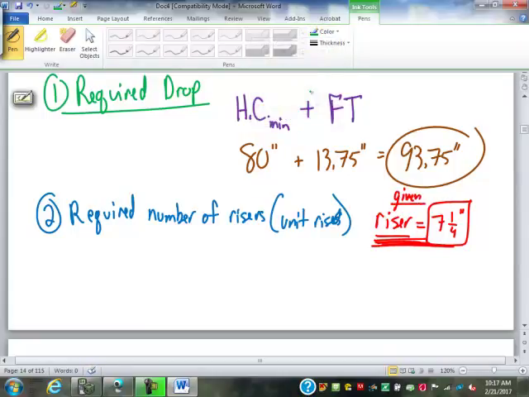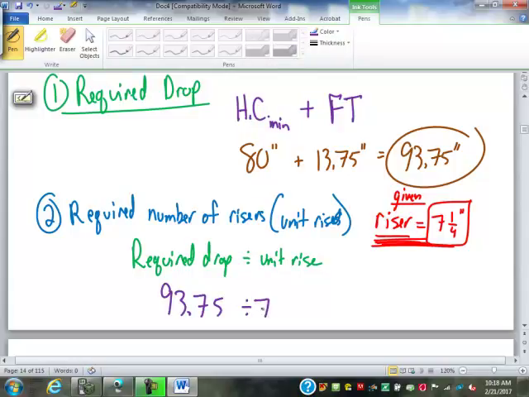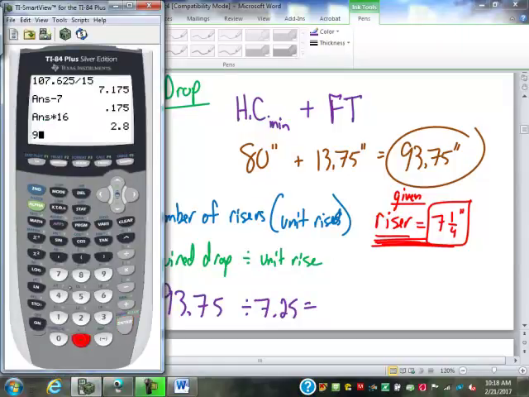So the required number of risers is going to take my required drop divided by my unit rise. So my 93.75 divided by my 7.25. We get 12.93.